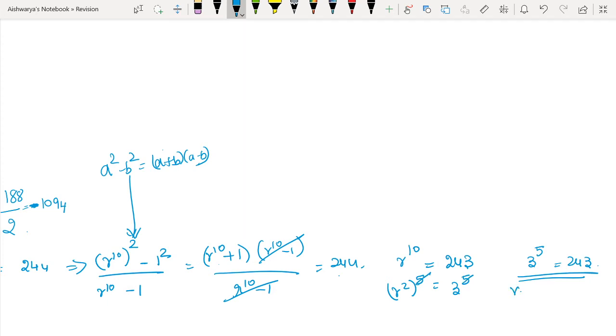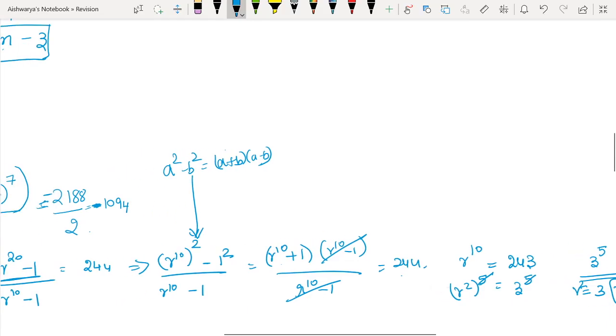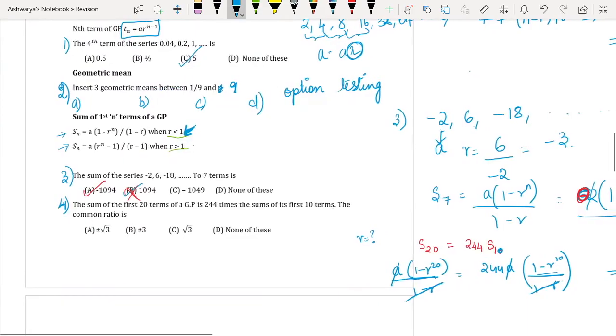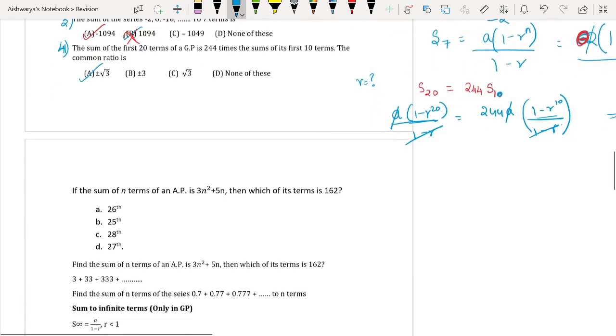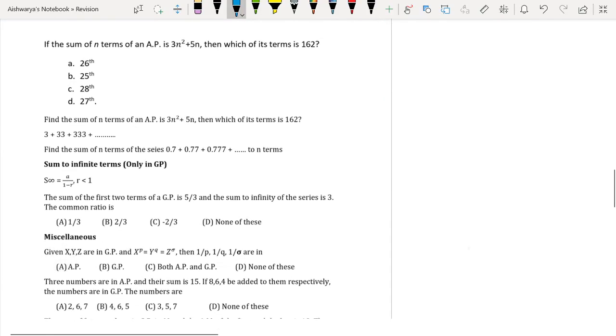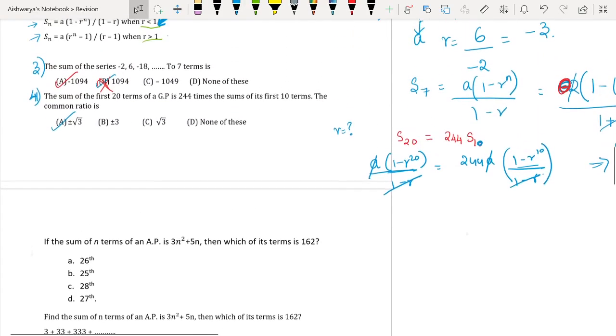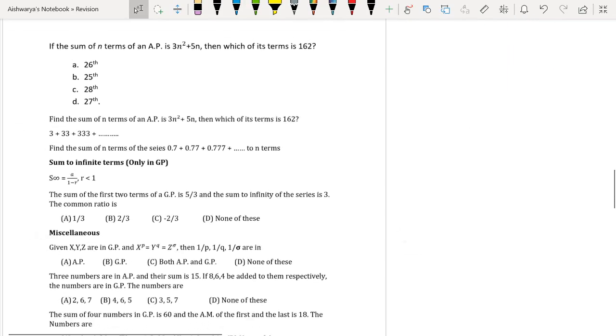So R square is equal to 3, R is equal to plus or minus root 3. This will become our final answer. Are we clear? Can we proceed? Question number 4 is done.